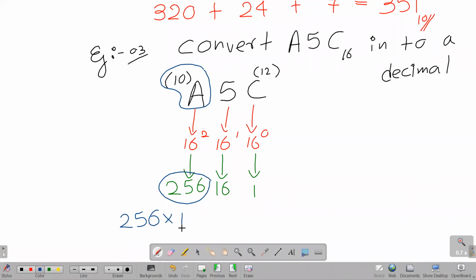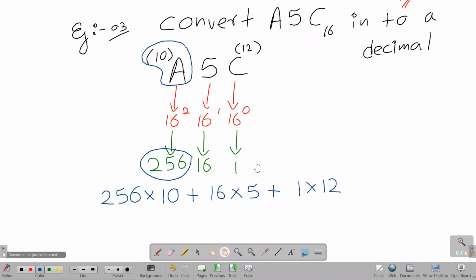Okay, sir. 256 into 10 plus 16 into 5 plus 1 into 12. So which will give you 2560 plus 80 plus 12.